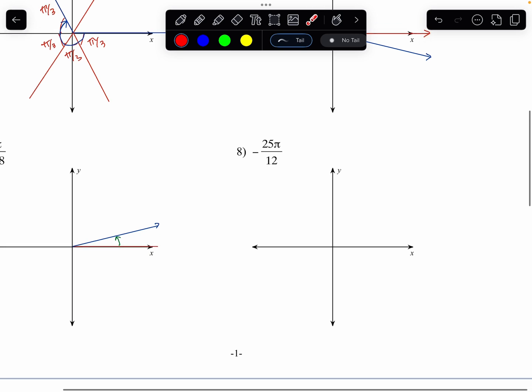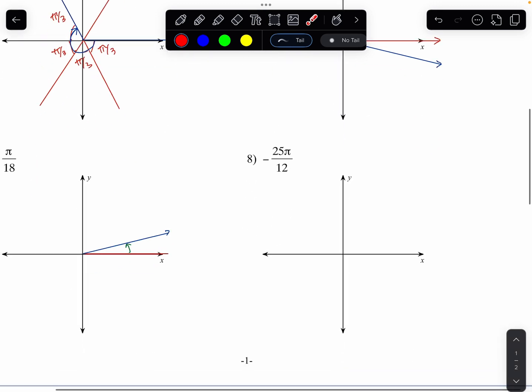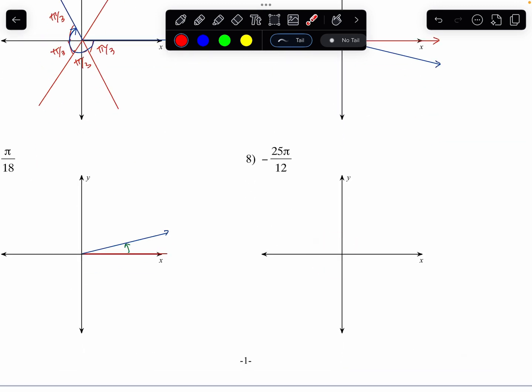All right, -25 pi over 12. This one is very similar to the one here, where we're in 12ths, except we're rotating clockwise this time, and we actually have to go beyond 1 full rotation, since 12 goes into 25 twice, with 1 more left over. So the initial side will be measured here.